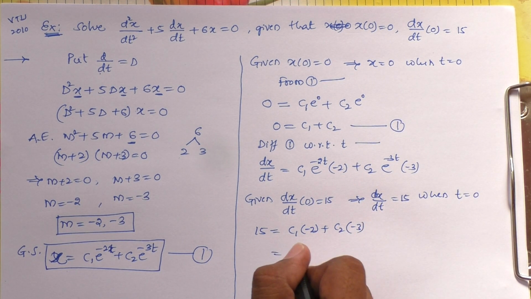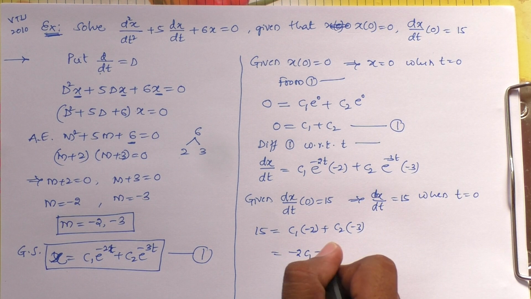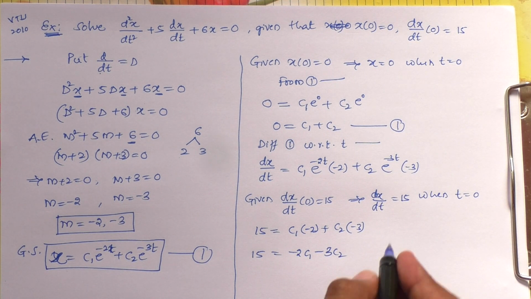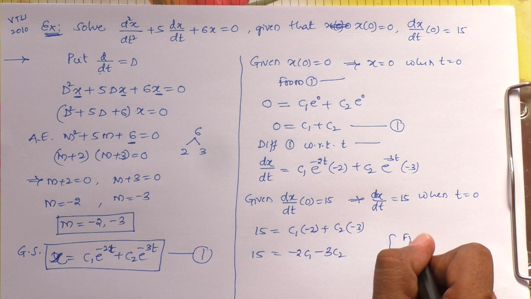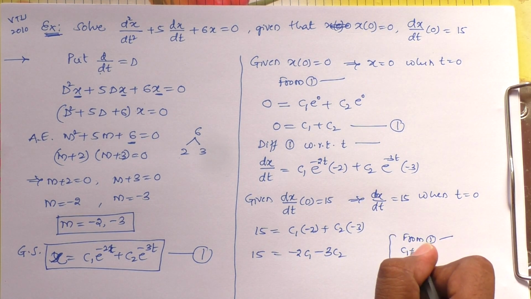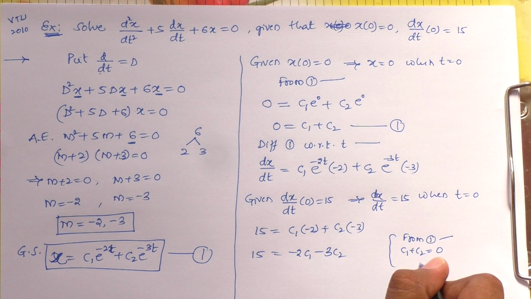So we get -2c1 - 3c2 = 15. Now if you look at equation 1 from 1, c1 + c2 is 0. So c2 is -c1.